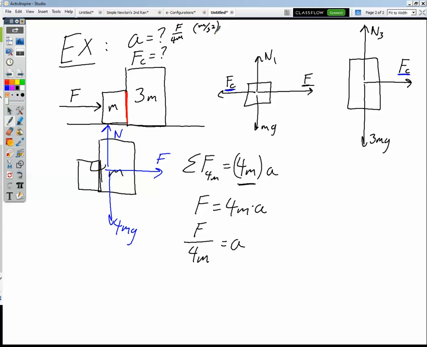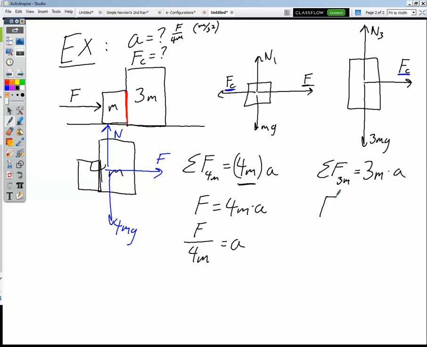And now we want to find the contact force. So to find the contact force, here I get to use my free body diagrams for either block. I can use the one for the big block, or I can use the one for the small block. It's easiest to use the one for the big block because there's only one force, Fc, acting horizontally. So the sum of the forces acting on the 3m block is equal to just his mass, 3m, times his acceleration. We just found the acceleration in the previous step.